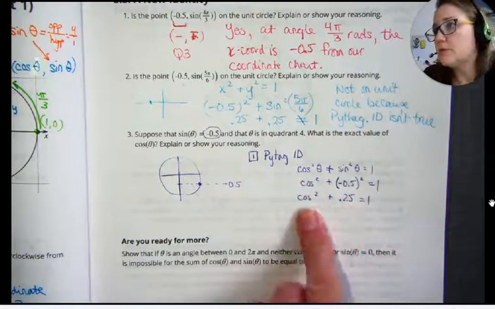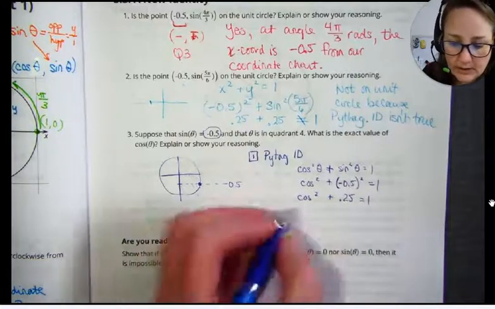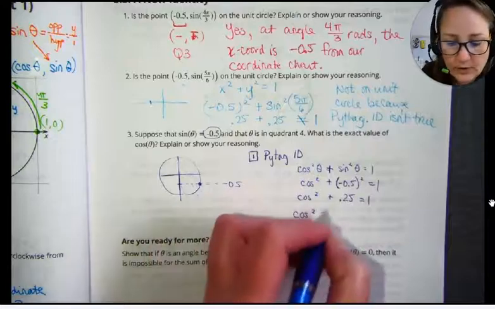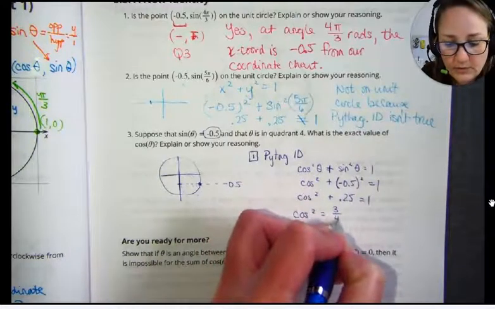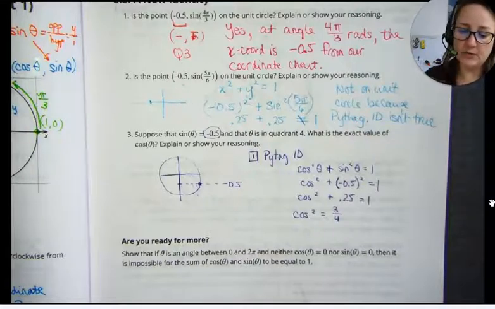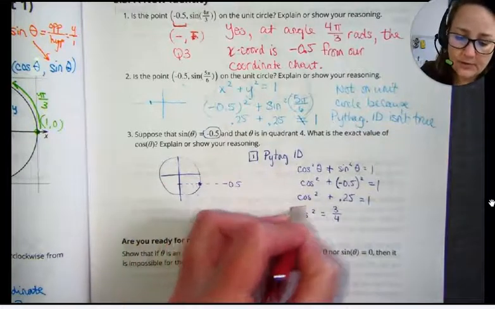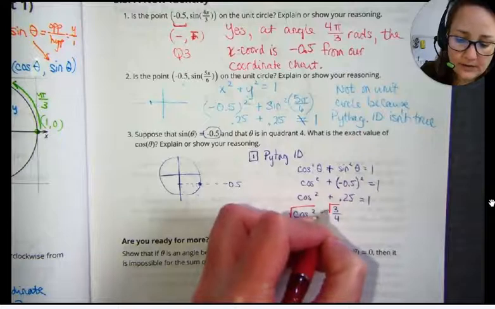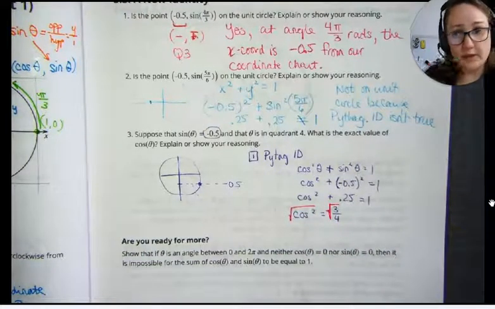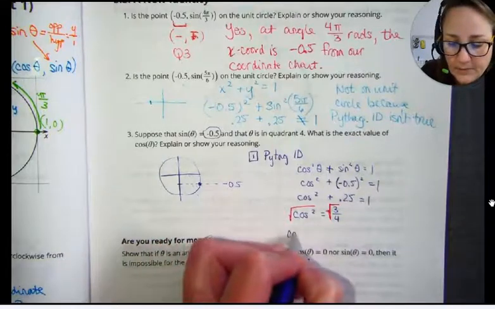So for this to be true, something plus 0.25 equals 1. That cosine squared has to equal 3/4. I'm going to put this into a fraction now. I'm doing that because then when I take the square root of both sides, I am finding what that cosine value would have to be.